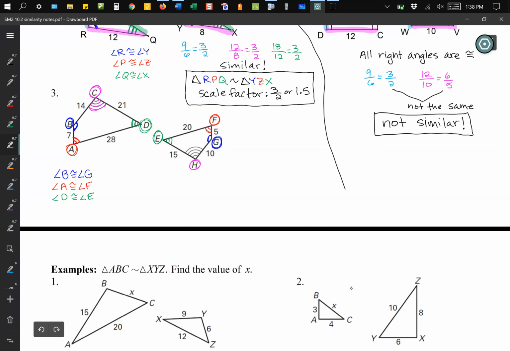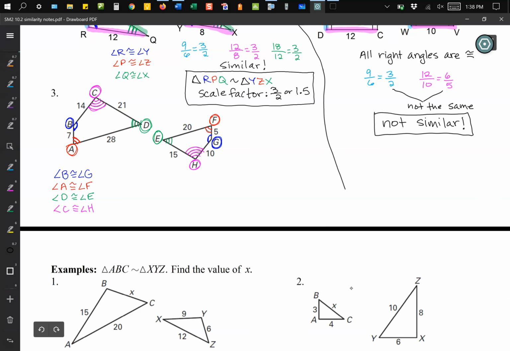Angle C is congruent to angle H. So now that's color-coded, I can kind of wrap my head a little bit around what's going on.